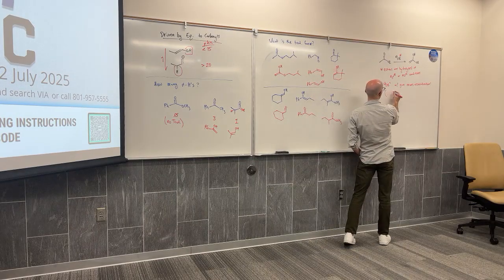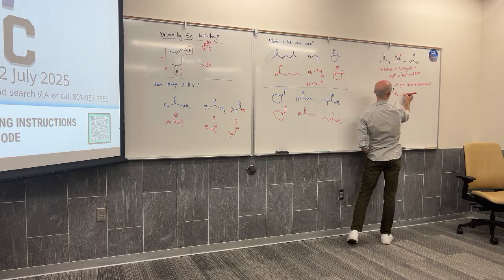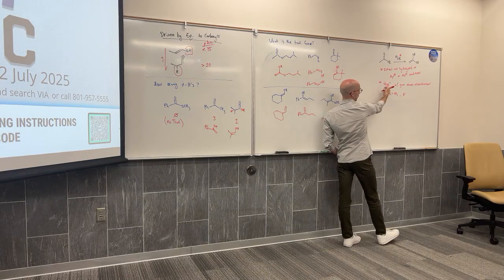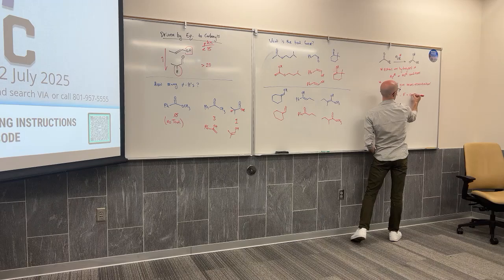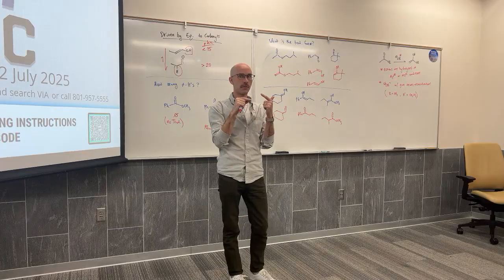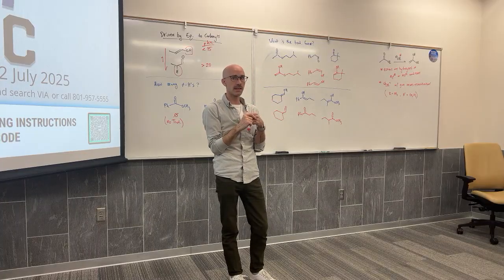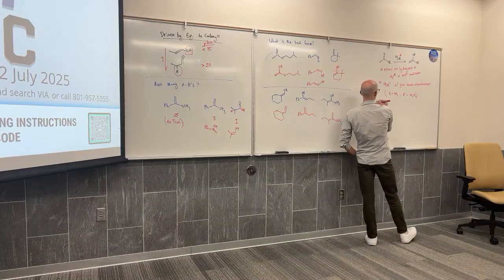Let's say that R up here is methyl and OR prime minus is ethyl. This allows transesterification. So you must use a base that matches your ester linkage.